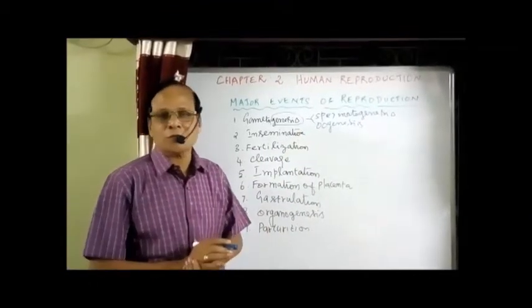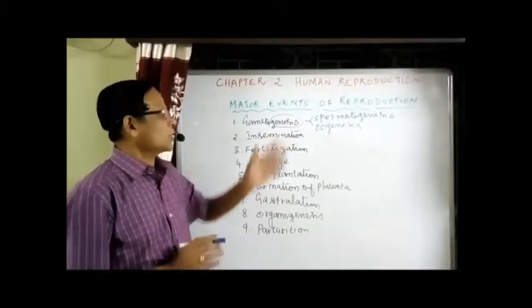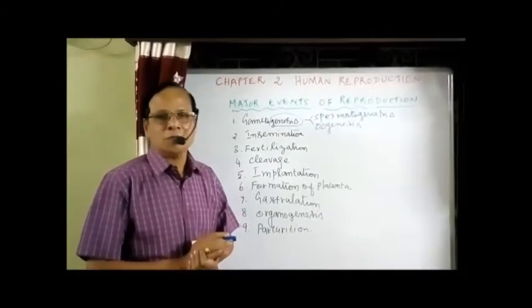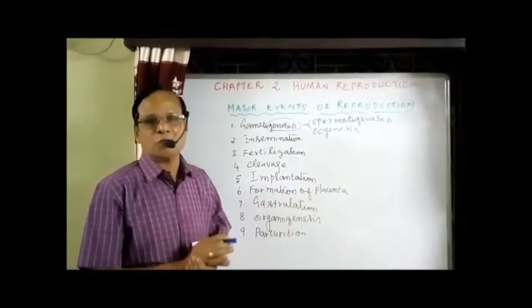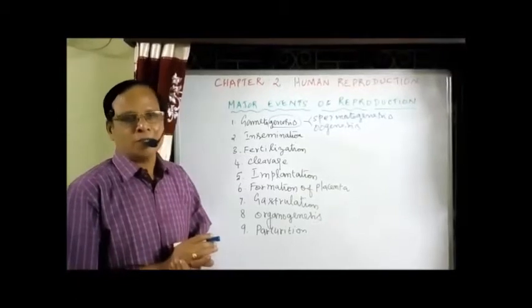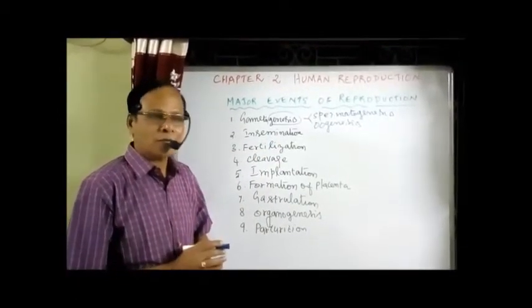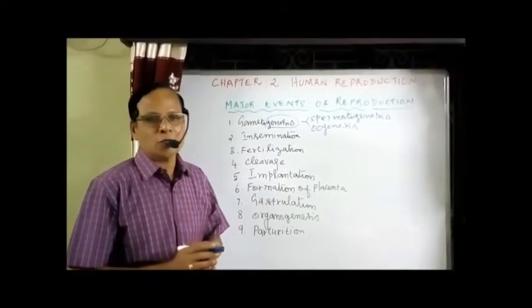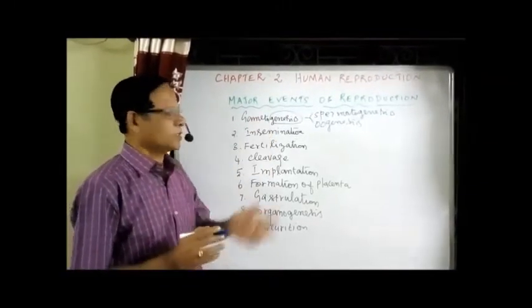Oogenesis, the formation of the female gamete or ova or eggs. So that is one. After the formation, during copulation, the sperm from the male body is transported into the female reproductive tract. That process is called insemination.